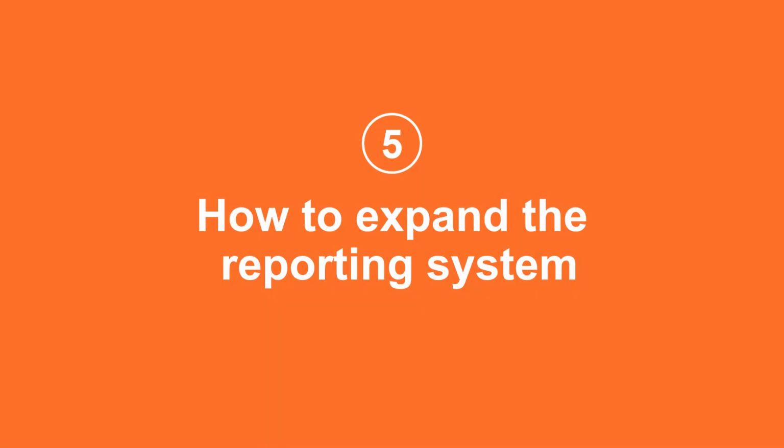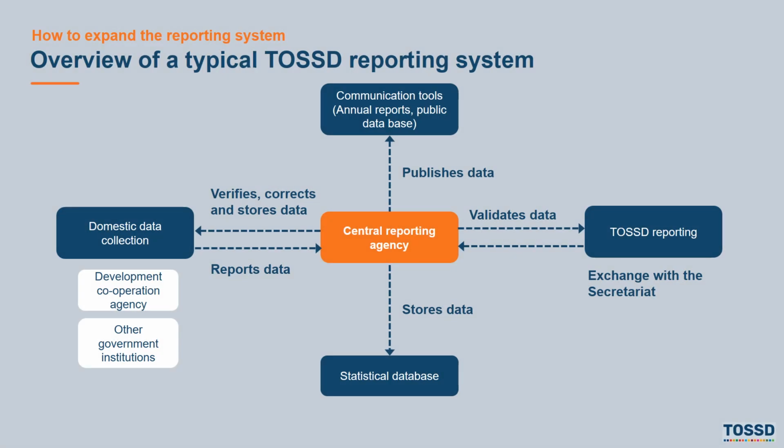This section presents how to expand a reporting system to include TOSD reporting. This graph shows an overview of a typical TOSD reporting system. Normally, you would have a central reporting agency in the middle of the reporting system. It fulfills multiple tasks.